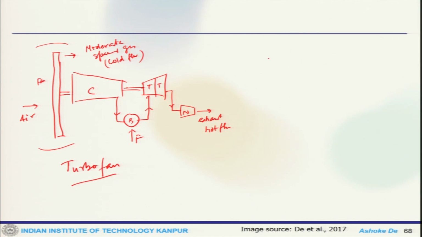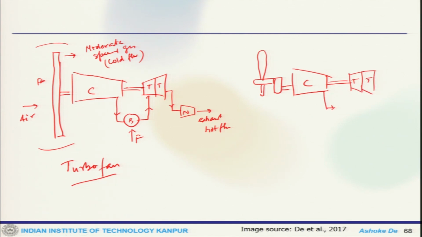At the same time, turboprop will look slightly different. There is a gear which is connected to the compressor, shaft connected to the turbine, and in between you have the gas generator, which has fuel and burner.